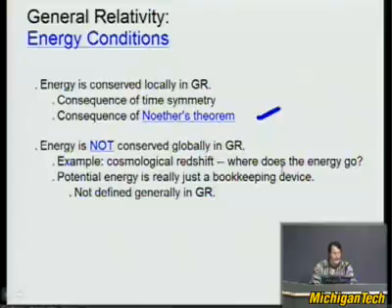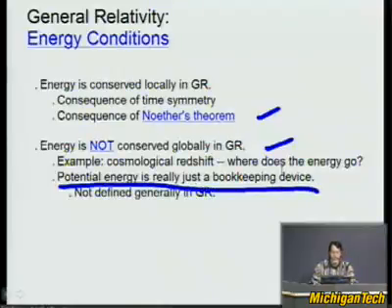So locally, right near you, general relativity will conserve energy. However, it is not conserved globally, for things far away. For instance, the cosmological redshift of radiation. The microwave background used to be all gamma rays. Now it's all radio waves. But it's that way everywhere in the universe. Where did the energy go? It just disappeared because energy is not conserved in general relativity. Potential energy, which is frequently used in Newtonian gravity, is really just a bookkeeping device. It's useful in general relativity also when things are local.